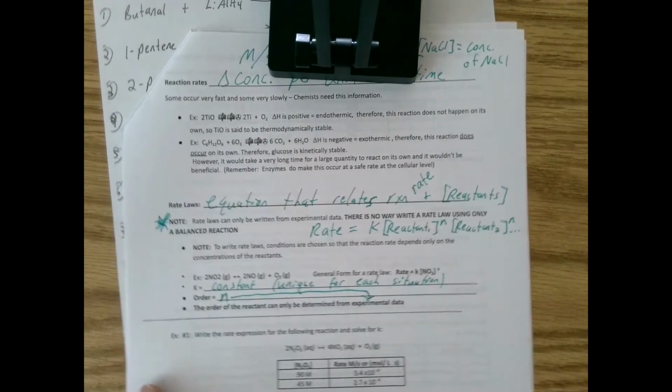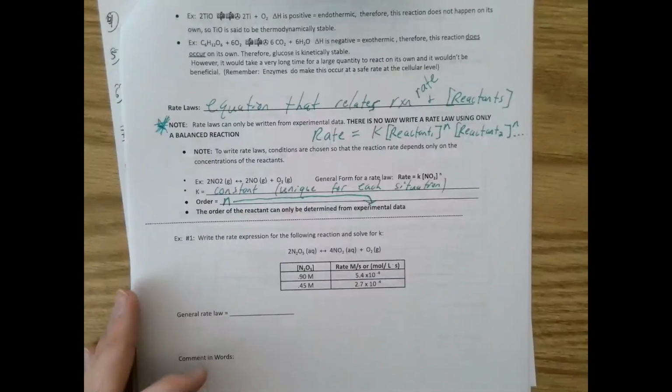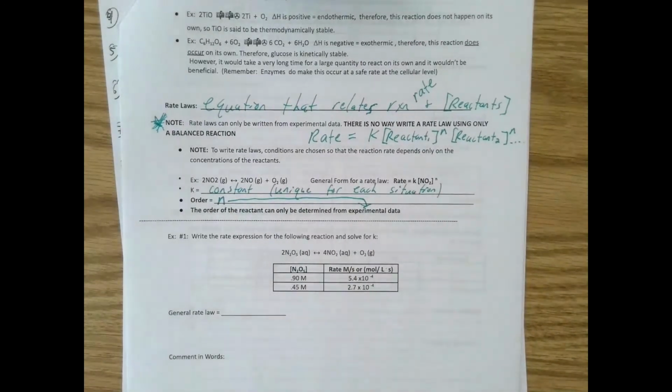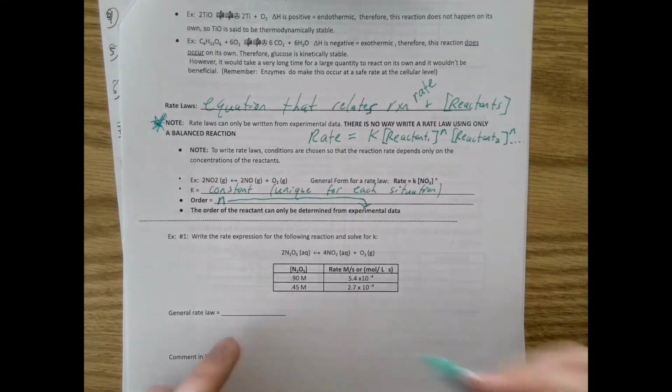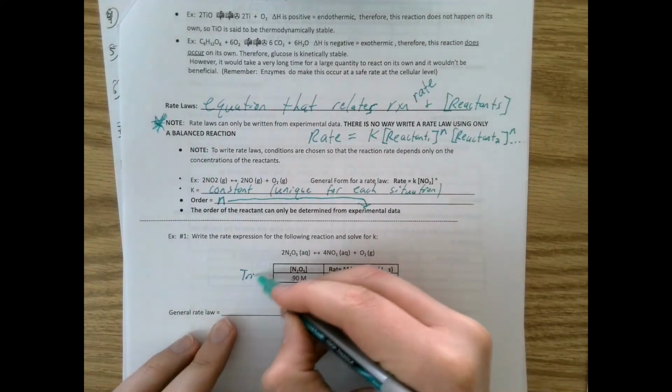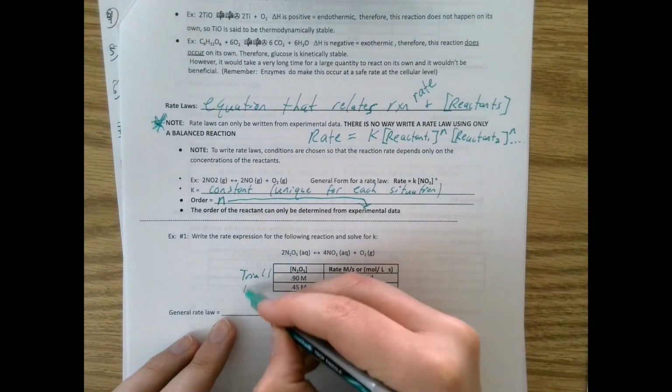Okay. So let's look down at this example. So for this example, I gave you a reaction: 2 N2O5 produce 4 NO2 plus O2. That's my reaction. And what the box is saying is I went to lab and did this. Here's trial 1. Here's trial 2.